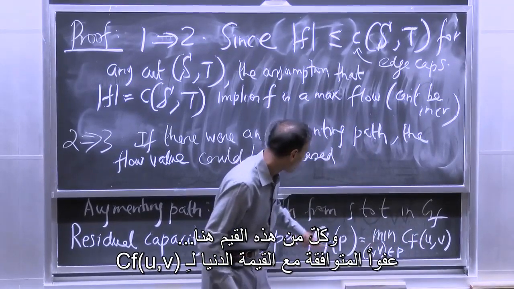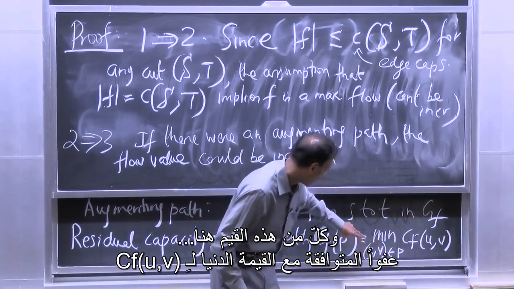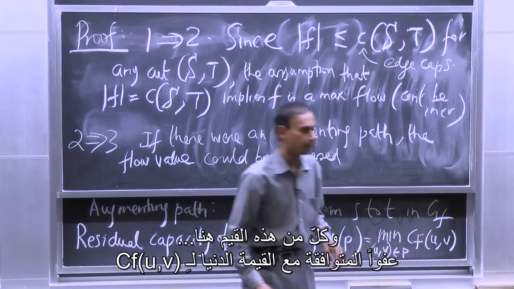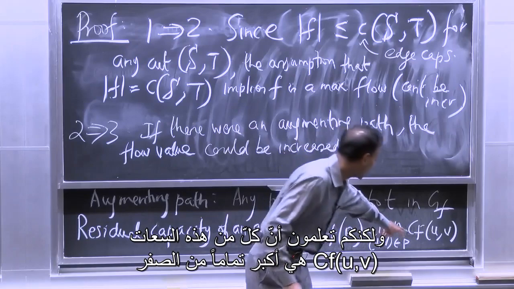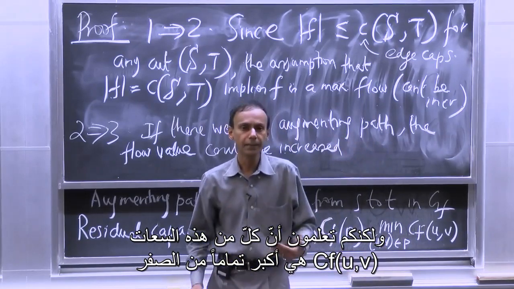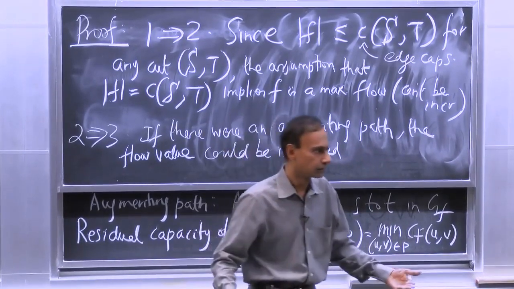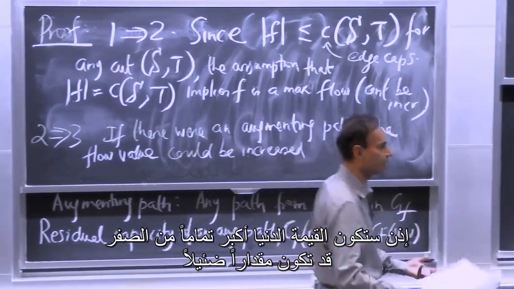And each of these quantities in here, corresponding to the min of c_f(u,v), is a residual capacity. But you know that each of these capacities is strictly greater than 0. So the min clearly is strictly greater than 0.